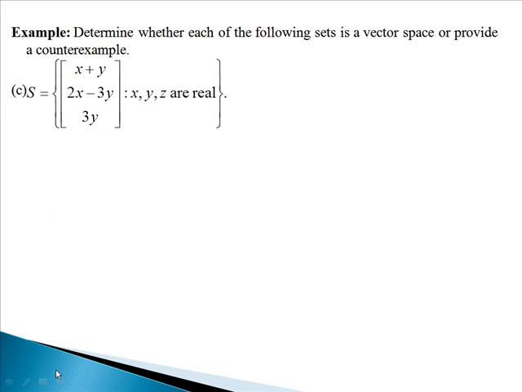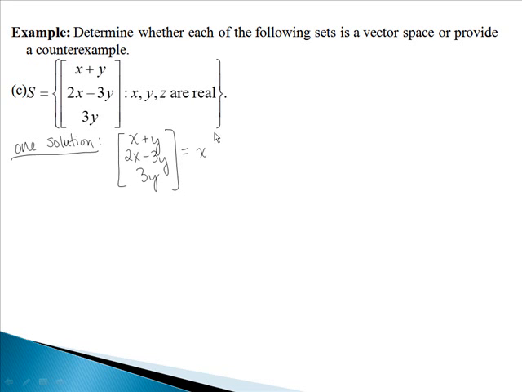And for this last set, we want to determine if S, with these entries satisfying those equations, where x, y, and z are real numbers, is a vector space, or provide a counterexample. One solution would be to rewrite my set of vectors, x plus y, 2x minus 3y, and then 3y, as a linear combination.